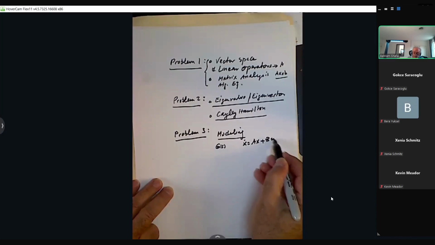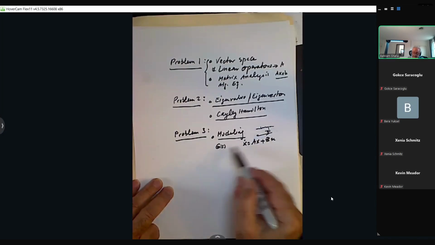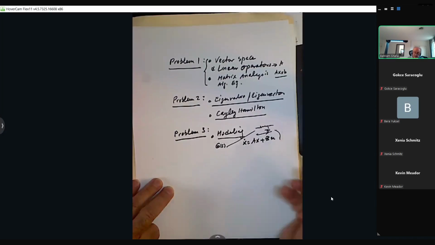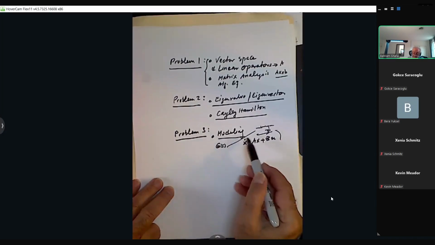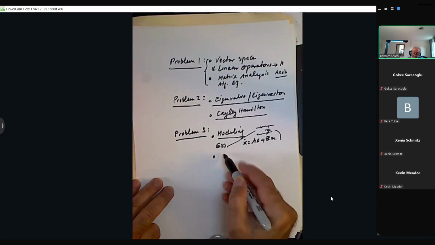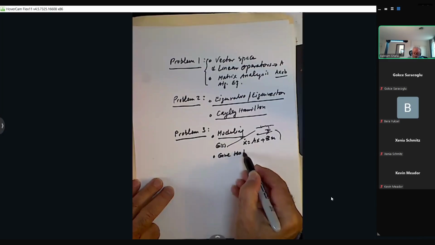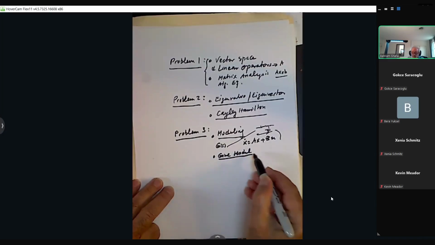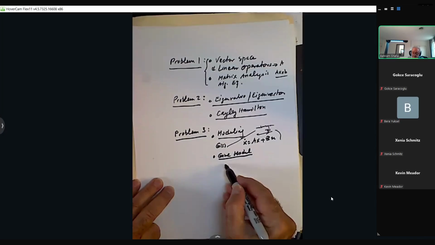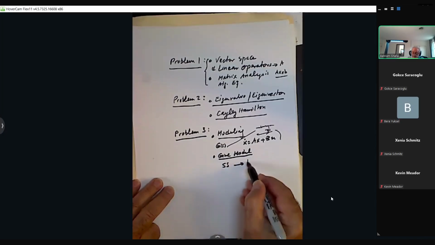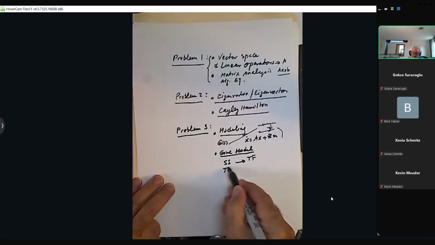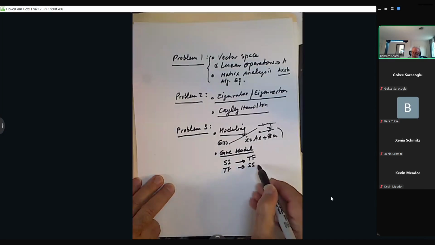Maybe I give you one modeling problem where a simple electrical circuit is given to you, and I ask you to find the transfer function and a state space representation as a model of that. For the second part, I give you the model, and I ask you to find, for example, the transfer function from state space, or maybe the state space realization from a transfer function, something like that.